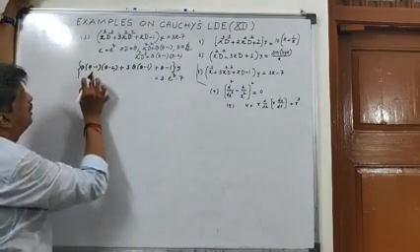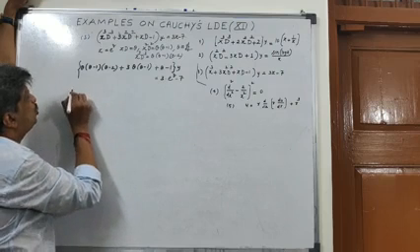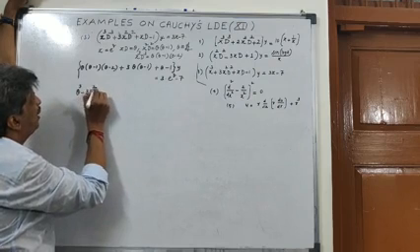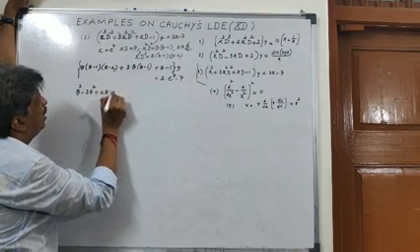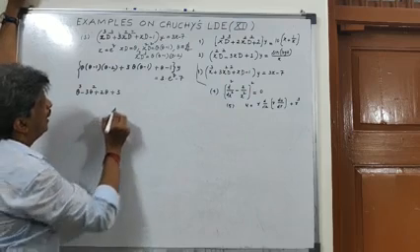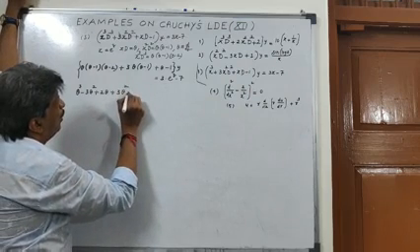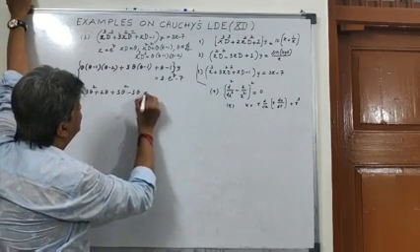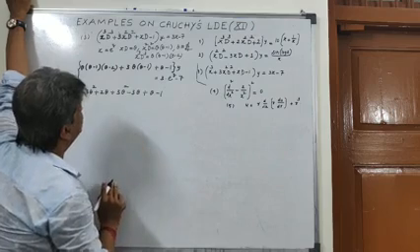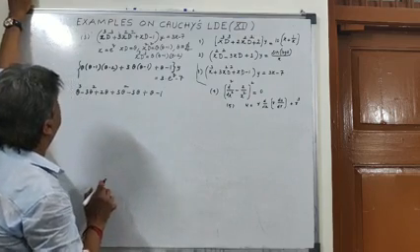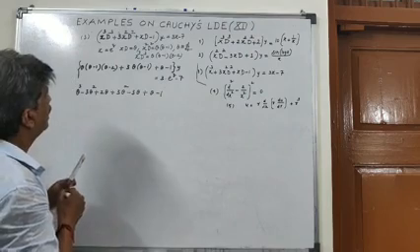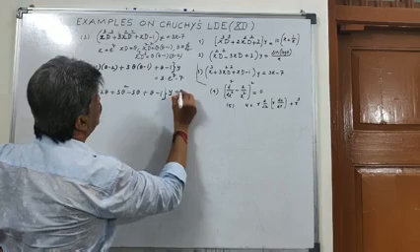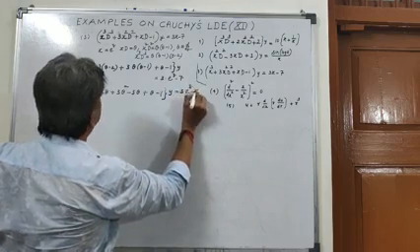Let me simplify this. This is theta square minus 3 theta plus 2. So it is theta cube minus 3 theta square plus 2 theta plus 3 theta square minus 3 theta plus theta minus 1 is equal to 3 times e raised to power z minus 7.